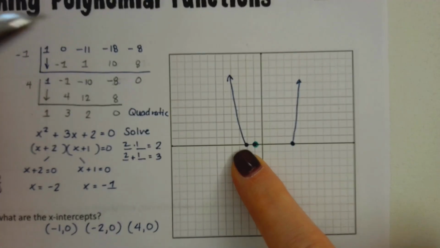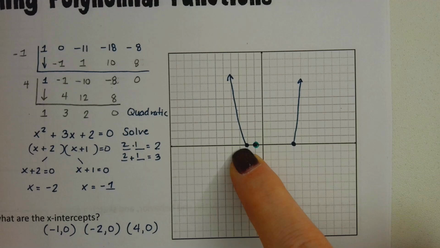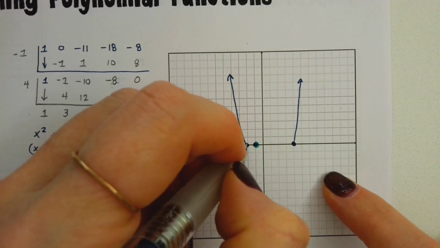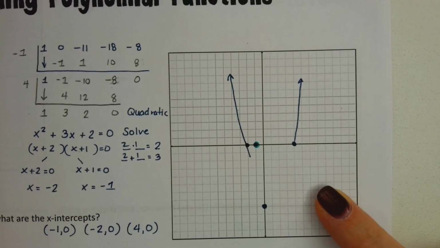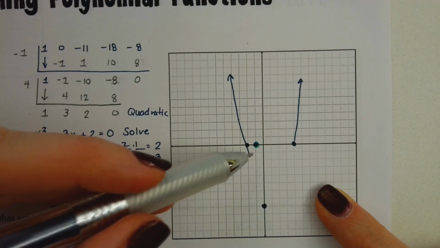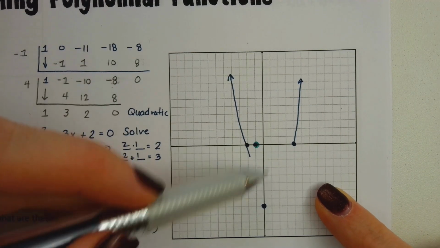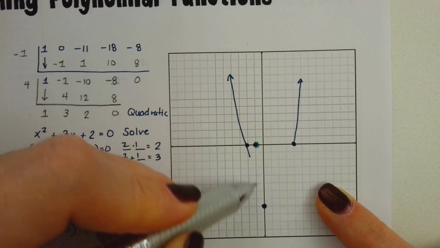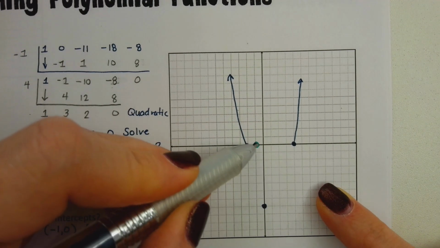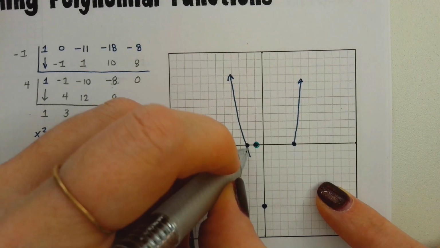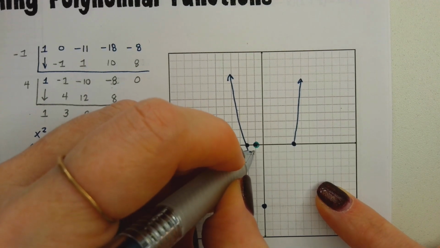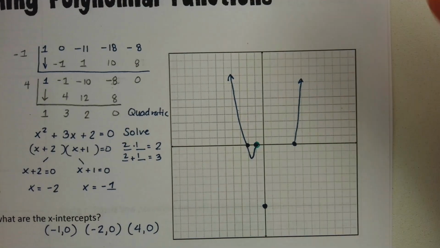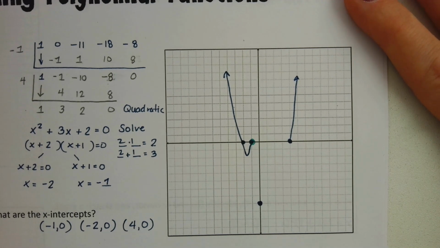So looking at -2, was -2 our special one? No, so I know it's going to pass right through there. But if I'm working from left to right, the next point I have to get is this -1 right here. So it's not going to keep going down, it has to get this -1 next. So it's going to turn back around and come back and get that -1. But that -1 was the special one, right?